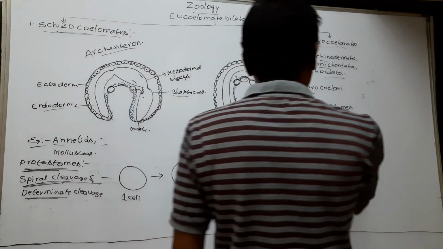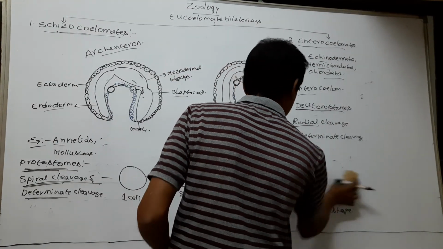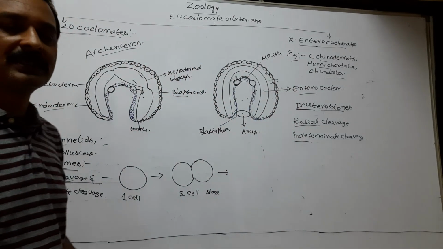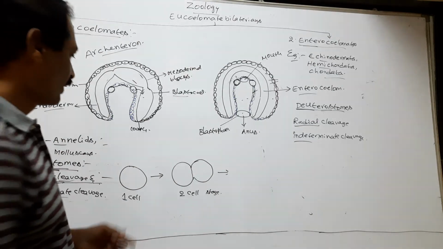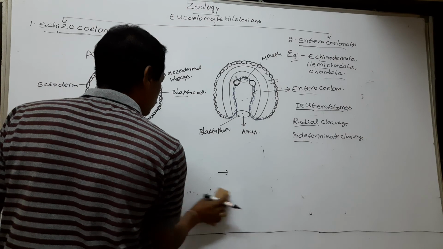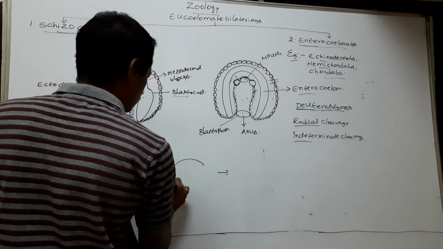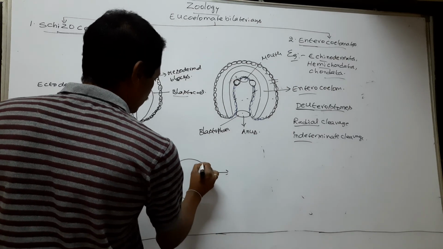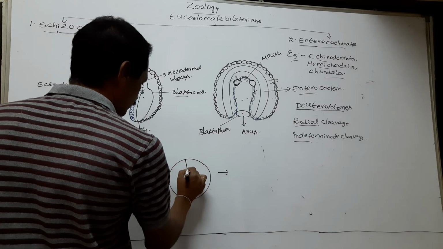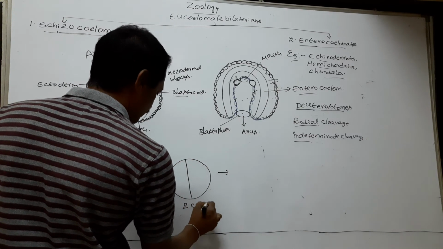First, we discuss radial cleavage. Cleavage means divisions in the zygote. This is a single celled stage. This is the two cell stage.